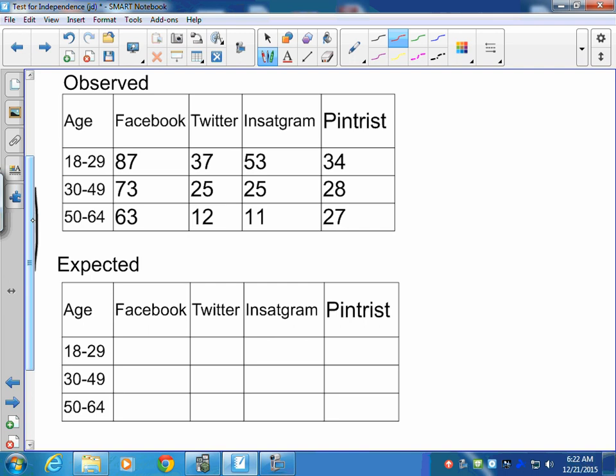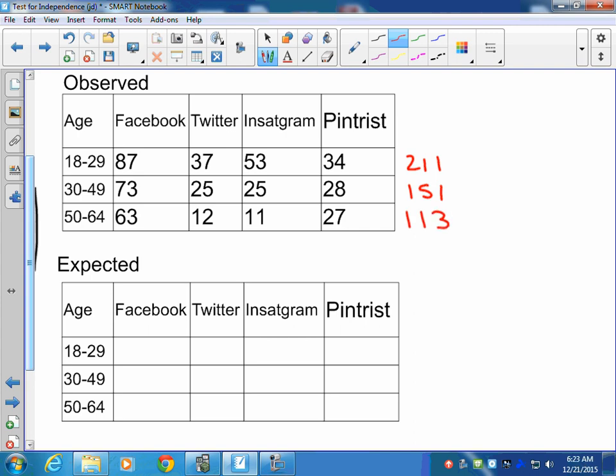Okay, now, how do we get our expected table? We knew in the one-way table we had percentage values. We use those percentages to get our expected value, and there really is no difference here. It just takes us a little bit longer to get our percentage values. So the first thing that we have to do is add and get what we call our marginal distribution.